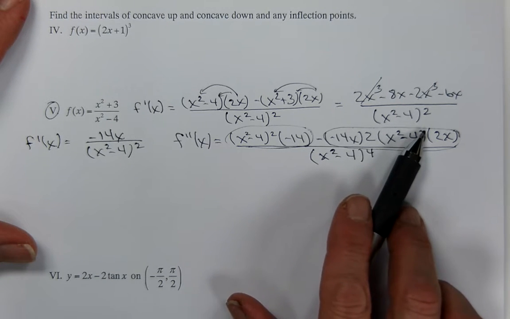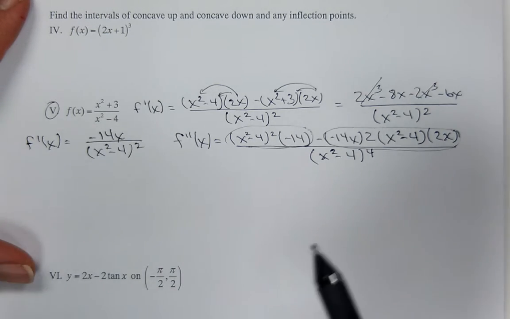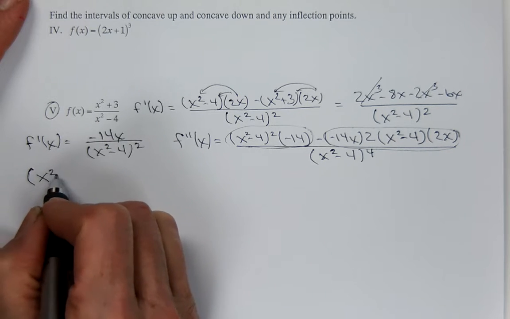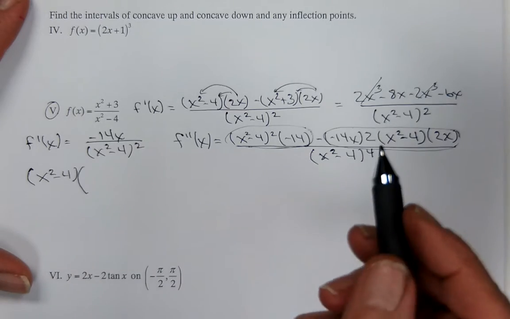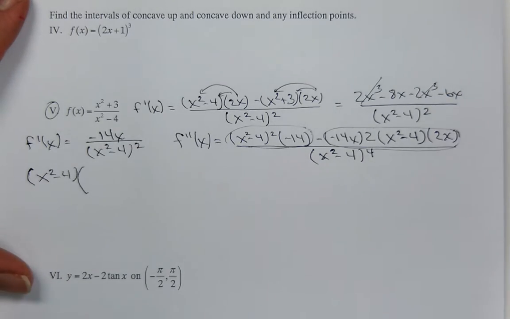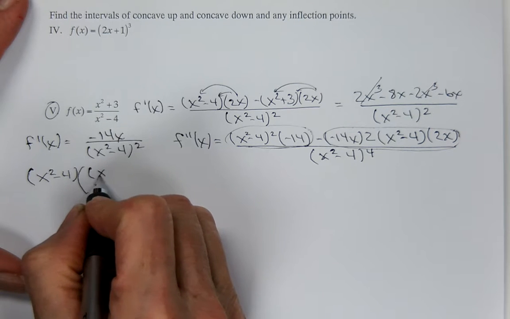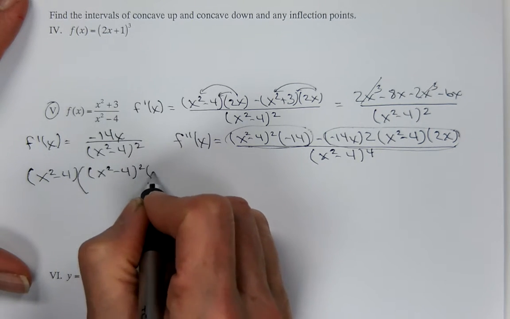So this one's to the first power, this one's to the second power. We'll take the one out to the first power. So when you're doing that, recall if you take out x squared minus 4 and you're not sure what you get, you can multiply by the x squared minus 4 like you're used to doing on the outside. And on the inside of your parentheses, you rewrite the original thing that you're factoring.